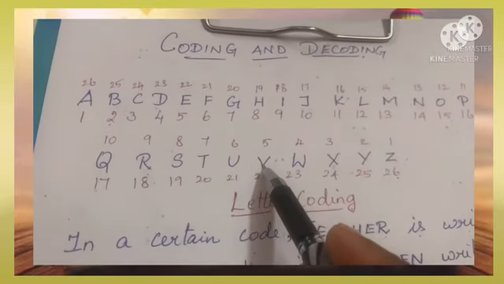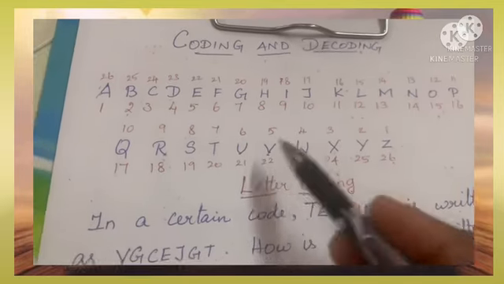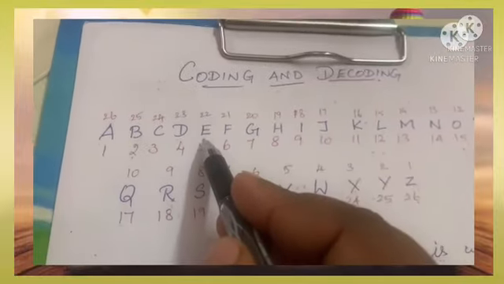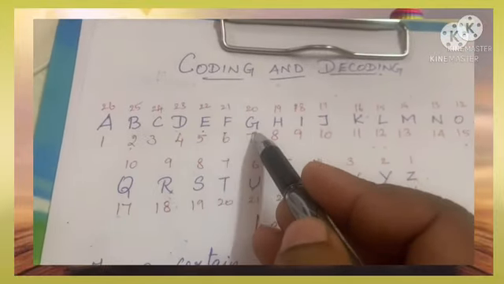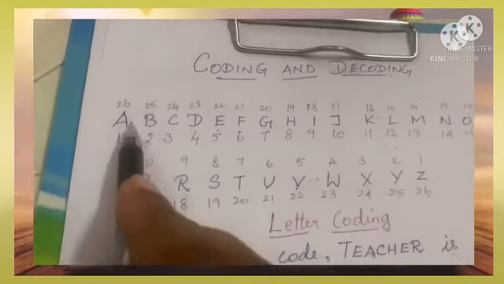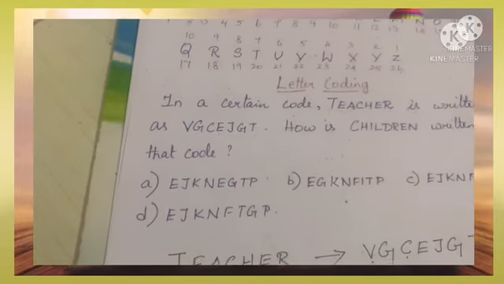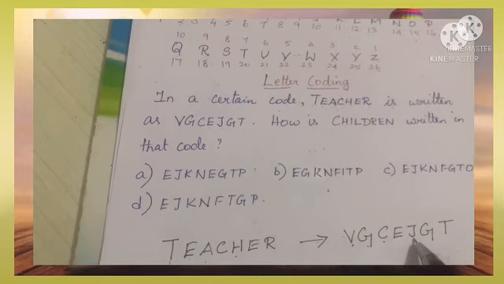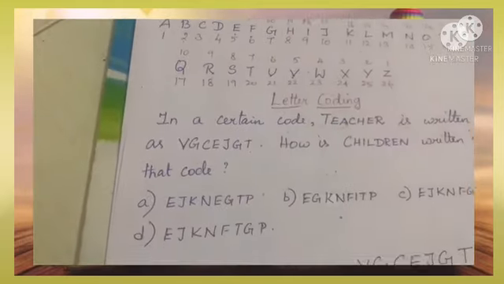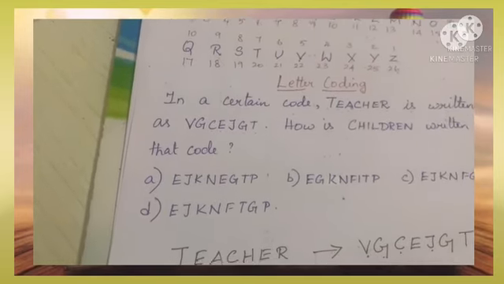T is being coded as V. Can you see we have left one and taken V. Same way, E is being taken as G. So E, leaving one, G. Same way, A is C. So A, leaving one, C. And same way, H is denoted as J. H, leaving one, J. So obviously, we have skipped one letter and got the code here.